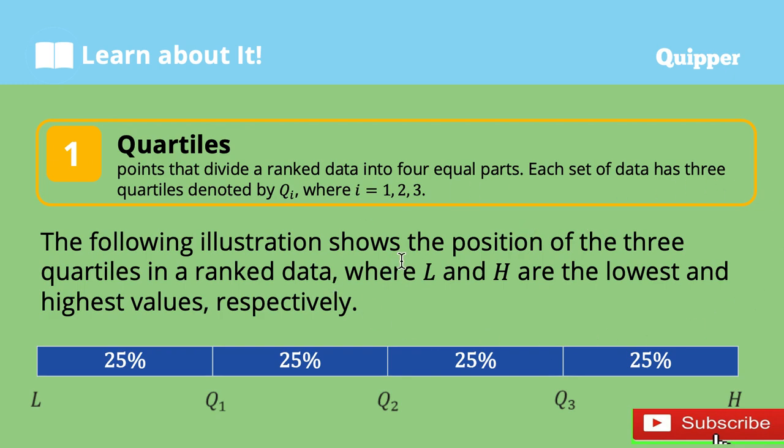The following illustration shows the position of the three quartiles in ranked data, where L is the lowest and H is the highest value. We have the four parts of the quartile, and this is our quartile 1, quartile 2, and quartile 3.